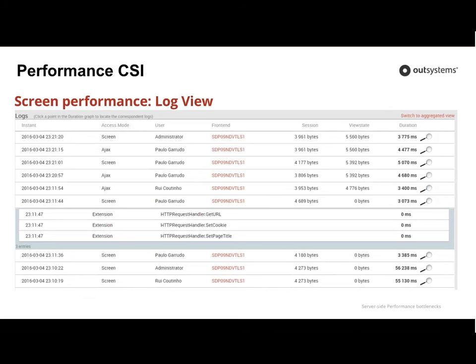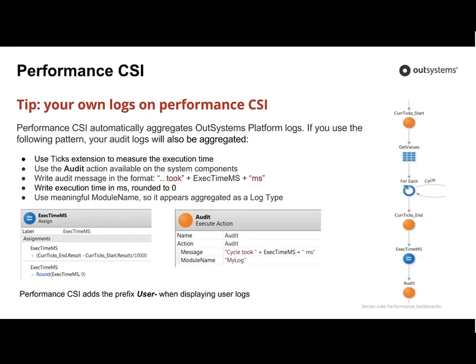How to customize Performance CSI with extra logging. As I described previously, you are by default going to end up with a percentage of unknown usage of unknown logic.